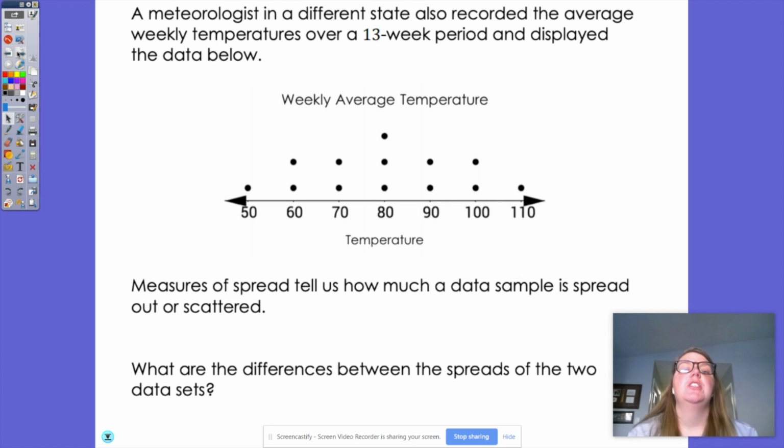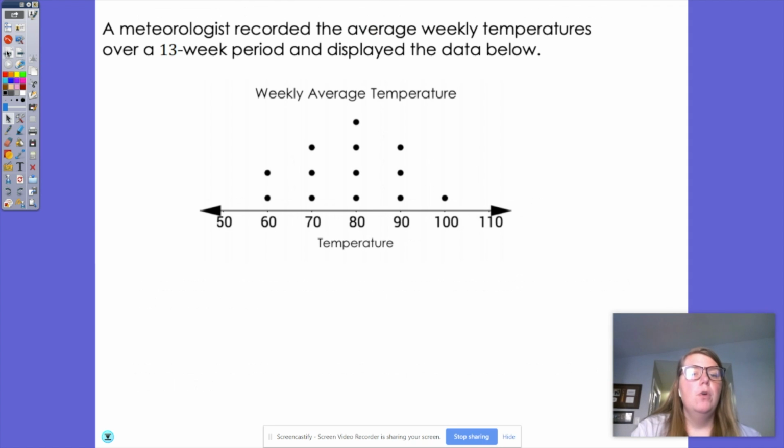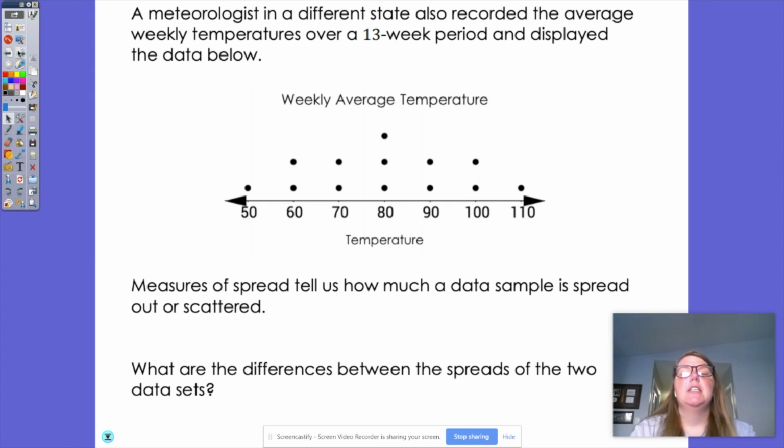A meteorologist in a different state also recorded the average weekly temperatures over a 13-week period and displayed the data below. If we compare the two dot plots, in the one before, all the data was between 60 and 100. In the other city, the data spread out a little further, between 50 and 110.